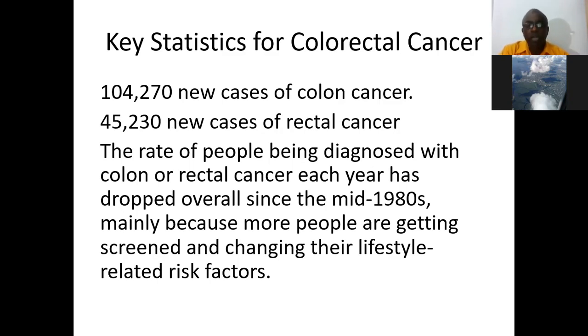We just put the two of them together and call them colorectal. And 40,000 for rectal. Big population, but still, it is coming down. They used to have more than that, like in the 80s. But because of screening that is taking place and lifestyle changes, that is what has been bringing the incidence down.